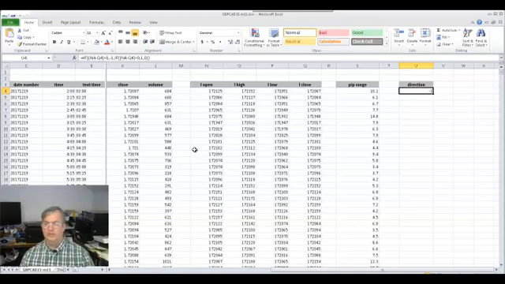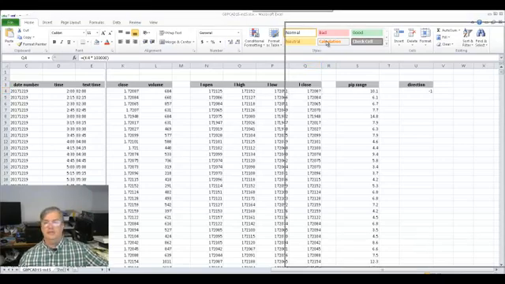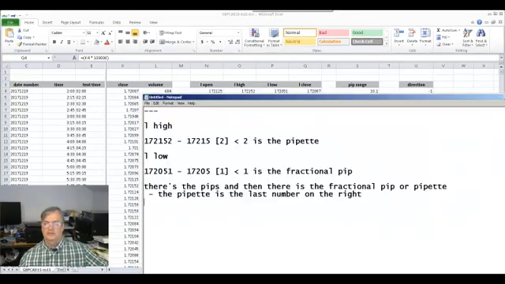So we have a -1 on this first candle, and if you look at the open, it's 172125, and the close is actually smaller, right? So let's drop this down here. 172125 minus 172087.